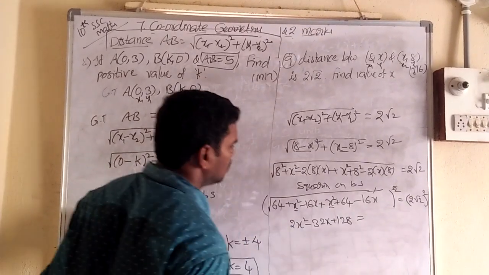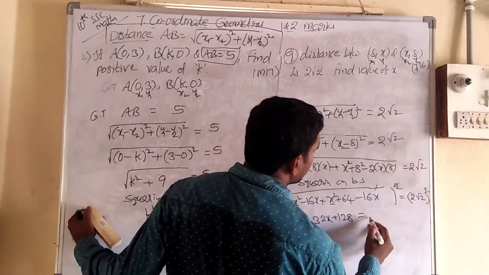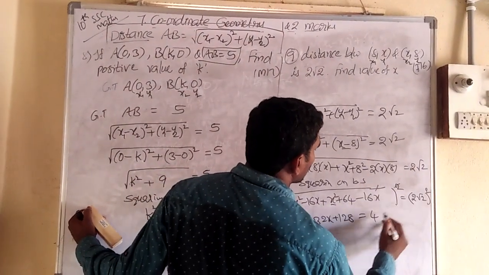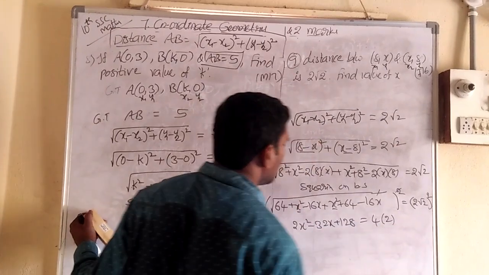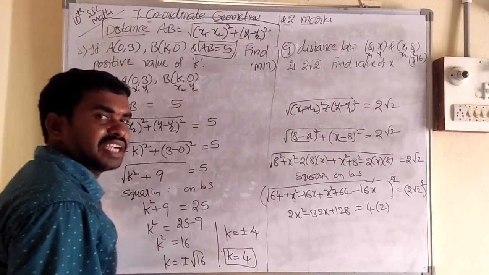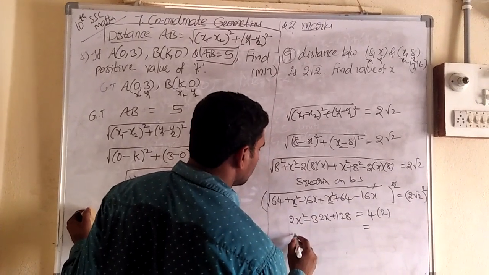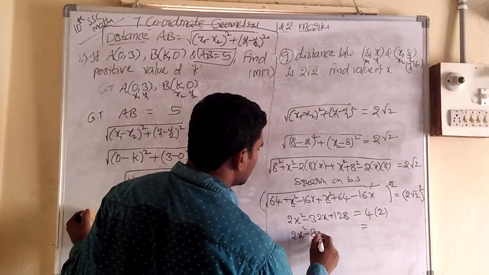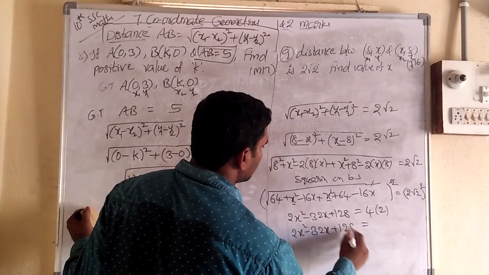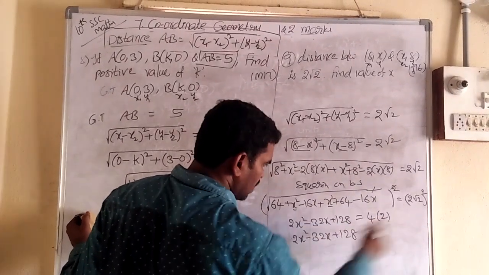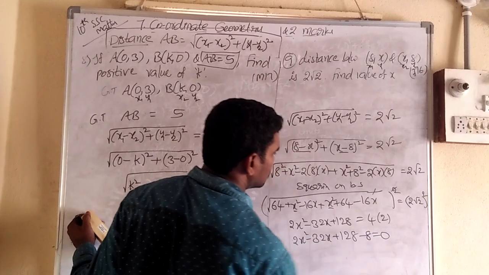And then equal, here 2 square means 4, root 2 square means 2, 4 twos are 8. So 2x square minus 32x plus 128, and 4 twos are 8, bringing to the left side becomes minus 8 equal to 0.